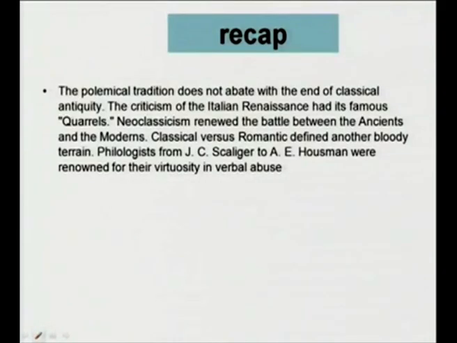So, we had seen, as we had done in classical criticism, that there are two common and antithetic metaphors of mind, which Abrams had talked about in The Mirror and the Lamp, the one which is imitative and the other which is expressive. The polemical tradition does not abate with the end of classical antiquity. The criticism of the Italian Renaissance had its famous quarrels. So, this debate goes on over which theory, which perspective, is the one that we are going to take up.